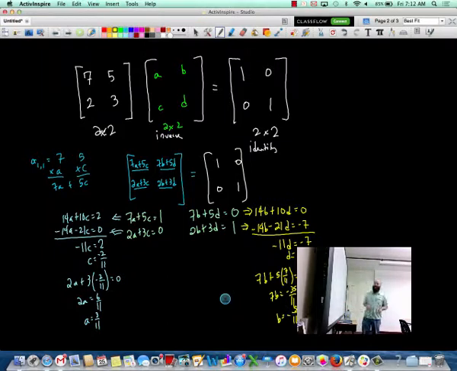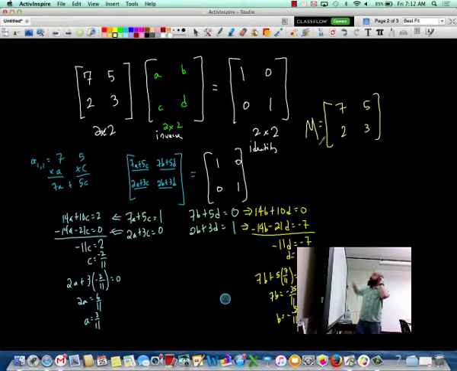Okay, so I've got these numbers, this a, b, c, and d, and these are the elements in the inverse of that original matrix. So I'm going to write the original matrix down, and then write the inverse matrix down, and we're going to look at patterns. The original matrix was 7, 5, 2, 3. Let's call that matrix M. And then my inverse matrix, the symbol for inverse in math looks like a negative 1 power.